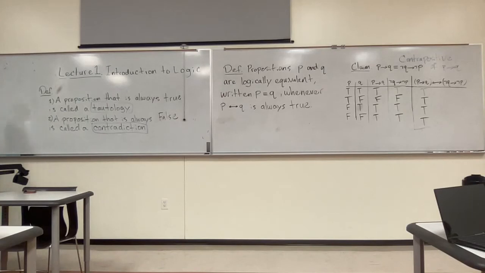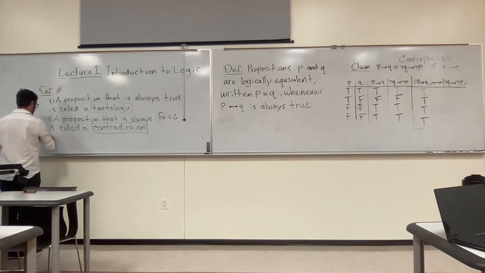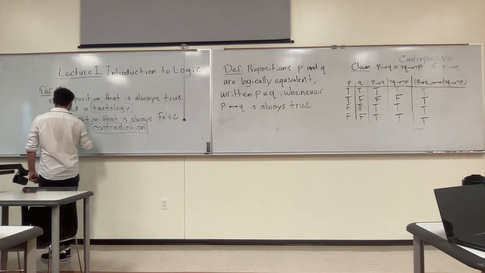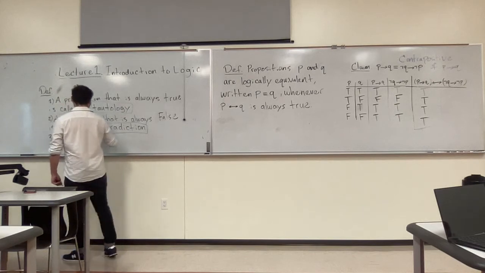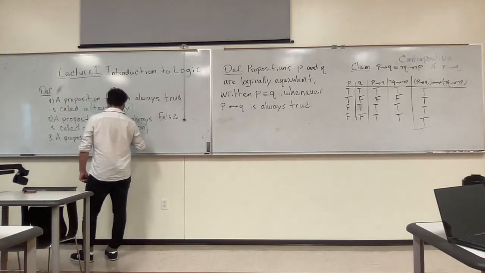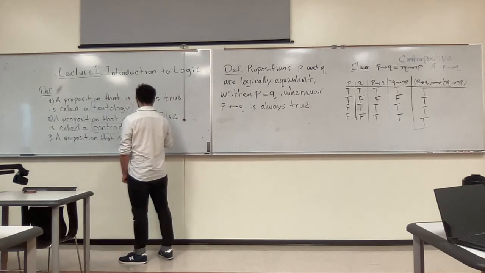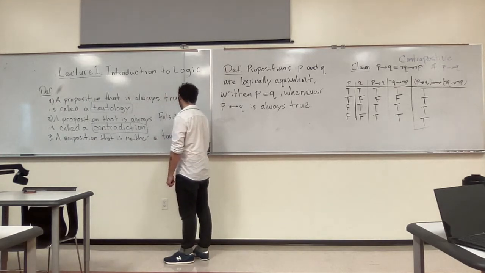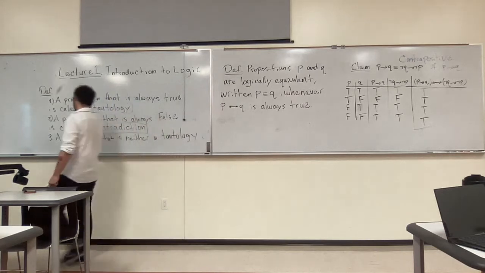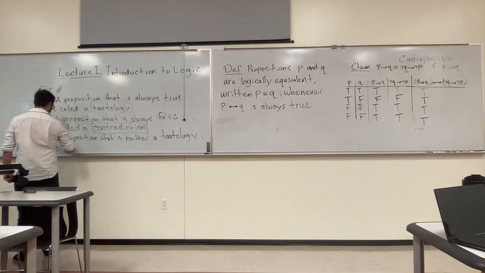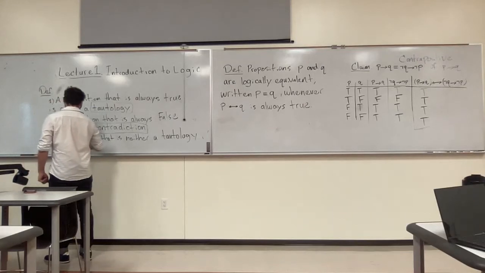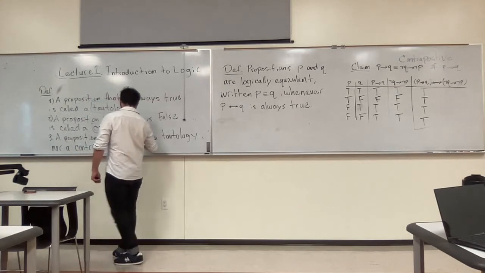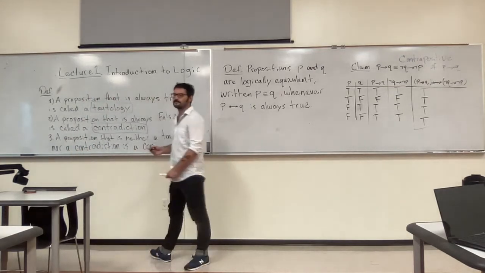And then finally, if you're neither, you're called a contingency. So it's neither a tautology nor a contradiction, it is a contingency. It's contingent on the truth values of P and Q.